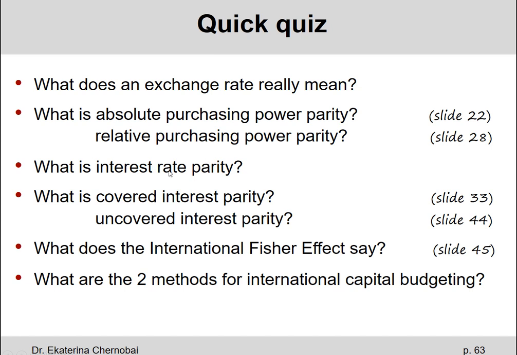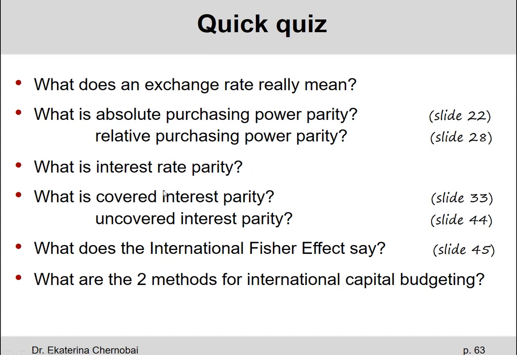What is the interest rate parity? This formula shows how the 1 year forward rate should be calculated when you know today's exchange rate and the difference between the risk-free rates between two different countries.